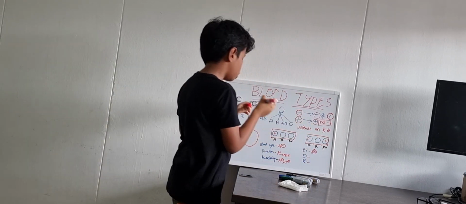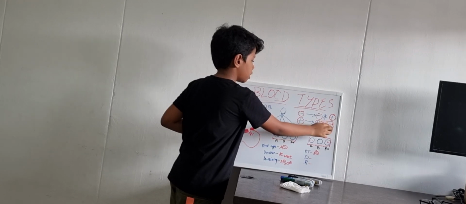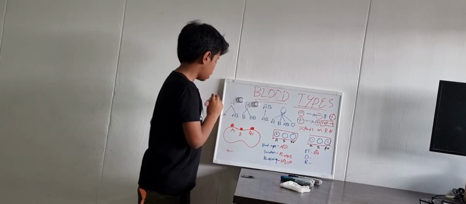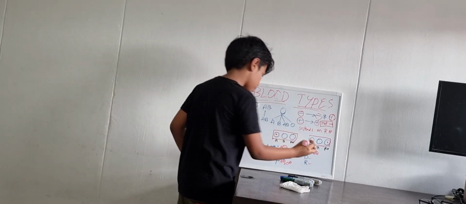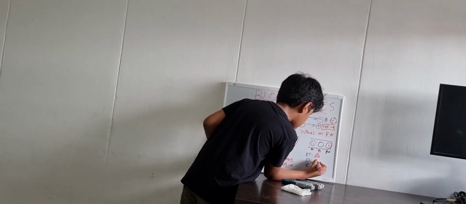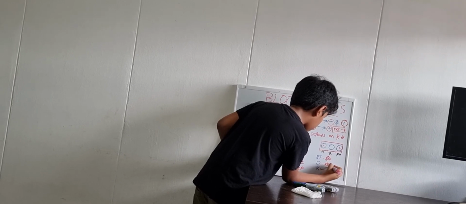And now what does the rule say? The rule says that the positive can only give to positive and not negative. And here the donation, I already said, can be A and AB. So your donation will become A positive, that is itself, and AB positive.